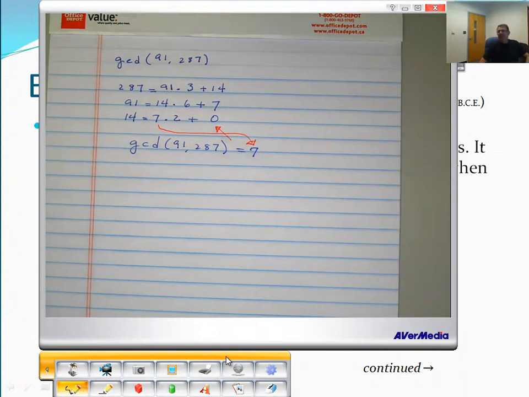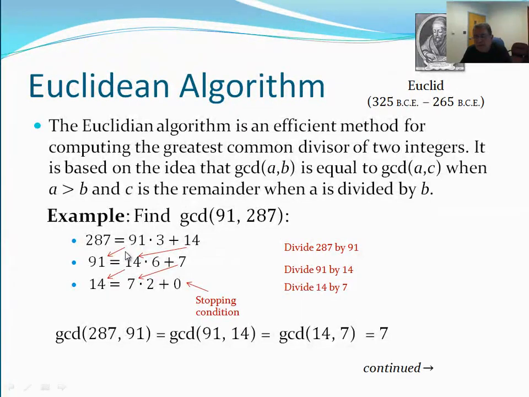That's a very efficient way to calculate the greatest common divisor of numbers. And here it is: 287 divided by 91, quotient is 3, remainder is 14. And then you take the 91 and divide it by the remainder, quotient is 6, remainder is 7. And then you bring the 14 and 7 here.